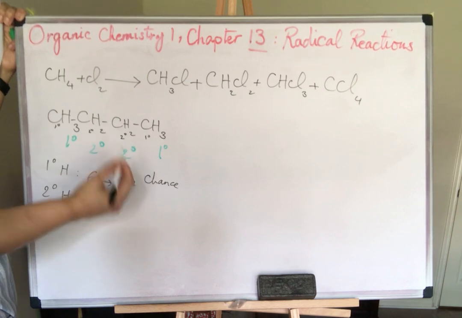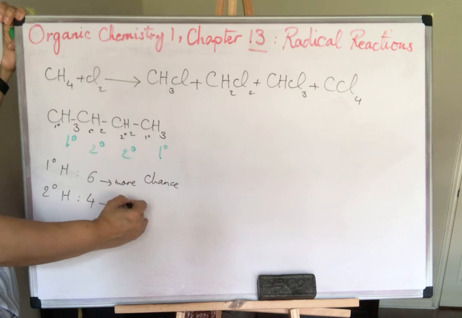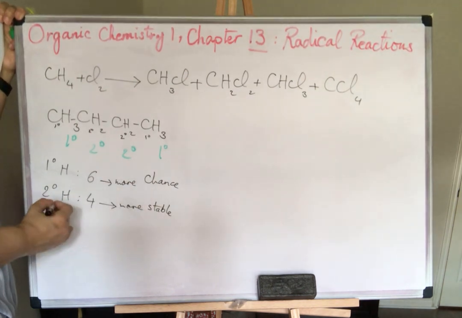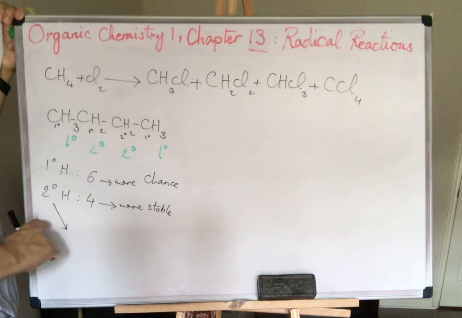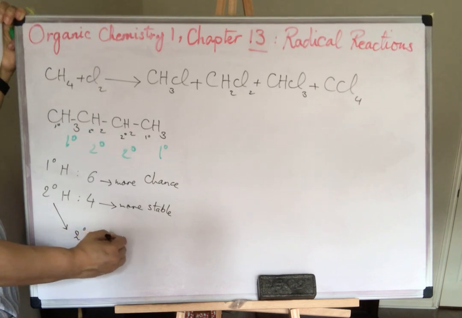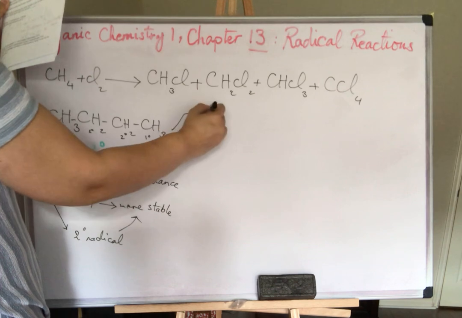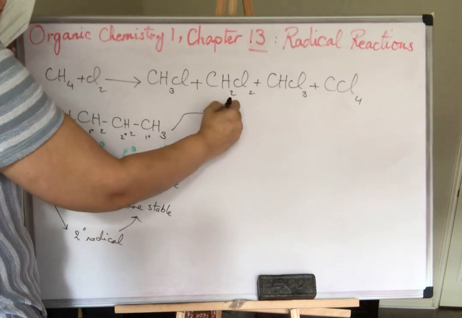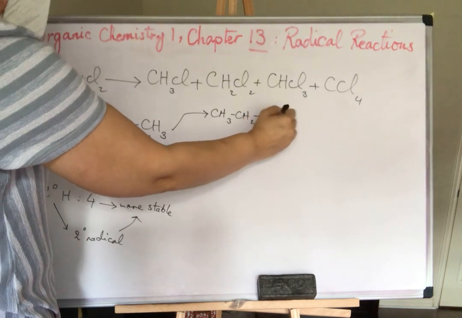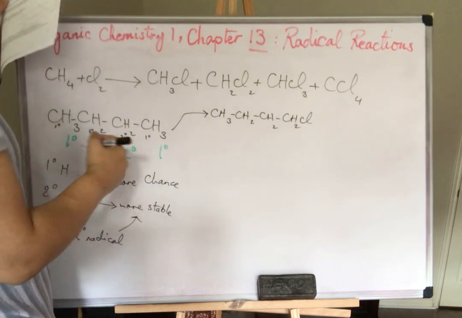But which one is more stable? Because secondary hydrogens, when they are replaced, they will form secondary radical, and then they are more stable. So we will end up having either one of these primary hydrogens to be replaced. We're just considering the monohalogenation.